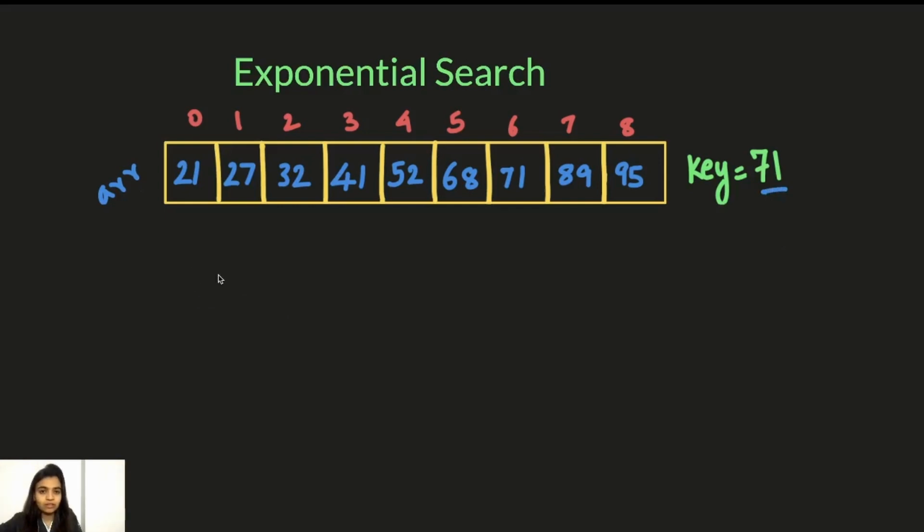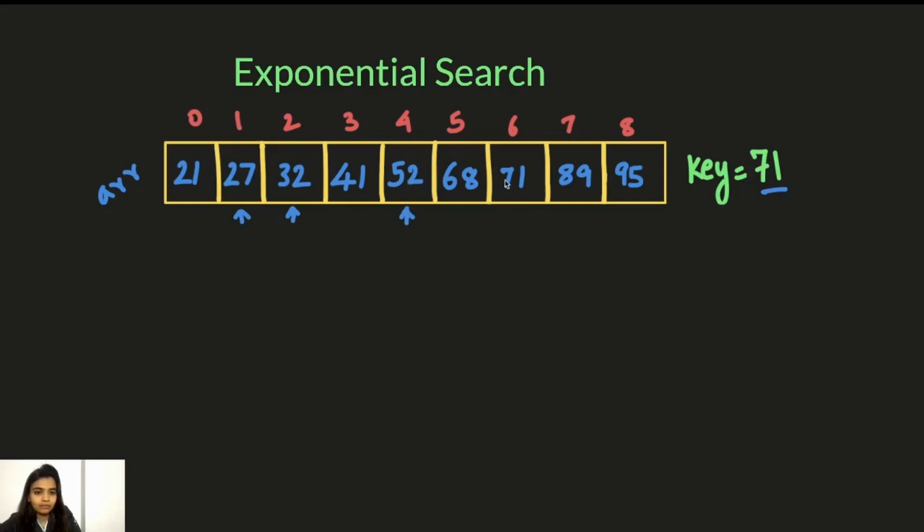So how exponential search works is, let's say we start with index 1. We check if the key is equal to the element at index 1. No. If it's not, then we check the second element, that is 1 times 2. If it is not greater than the key, then we multiply 2 by 2, which is 4.